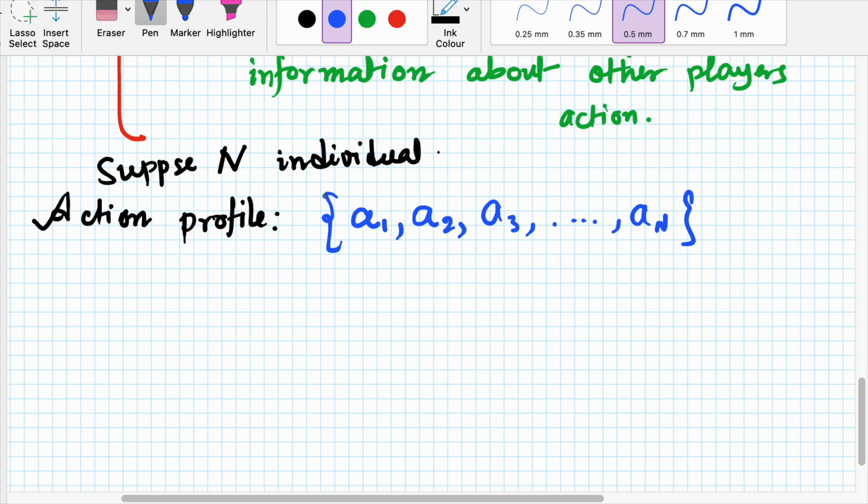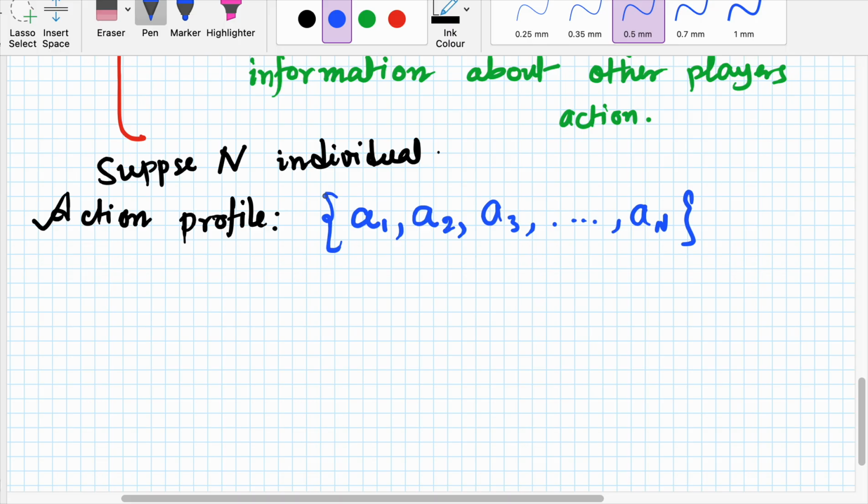From that question we have seen that there is a problem in general, there is no way to maximize one individual's payoff without knowing the other players' actions. So that's why we want to reformulate the question in a separate way.